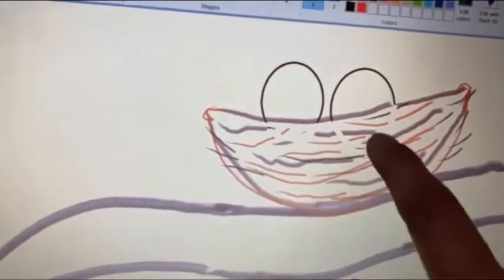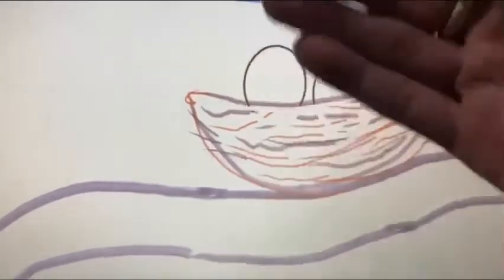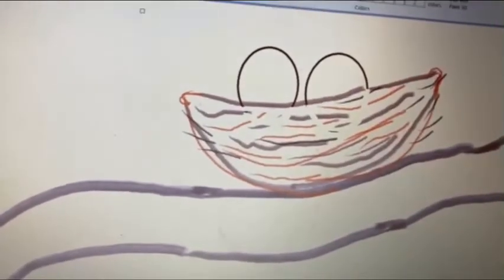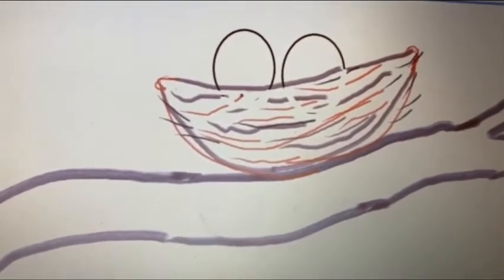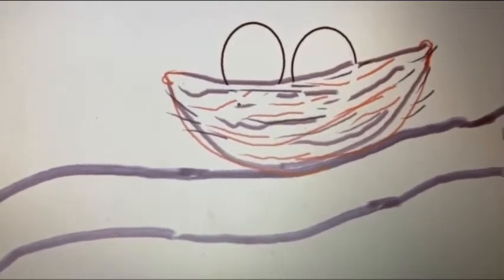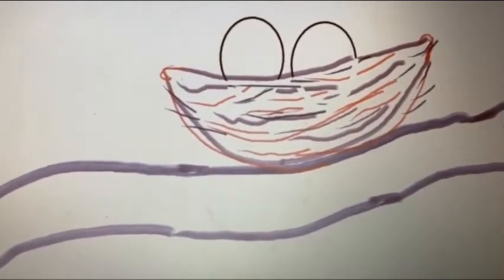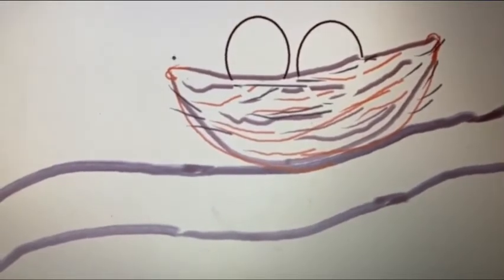Because this is supposed to be the outer part of the nest, right? And the egg has to be inside the nest. So I'm just using the eraser tool to erase it, and then I'll cover the remaining part with this, so that it gives you an effect that the egg is inside the nest and not lying outside.